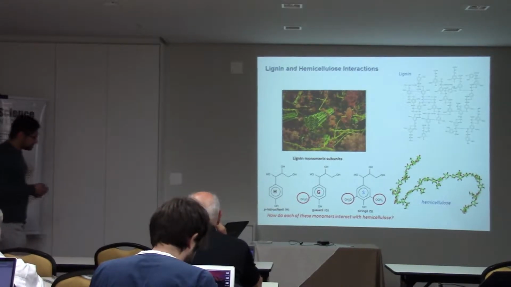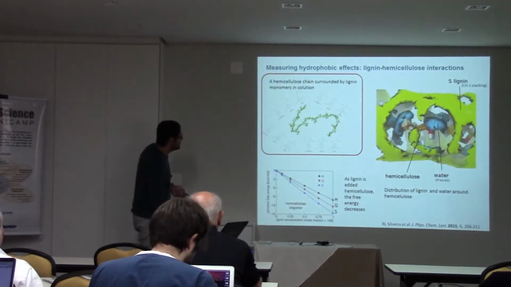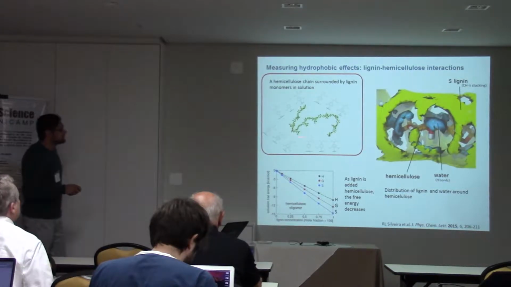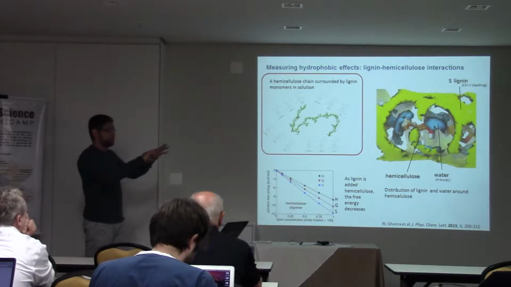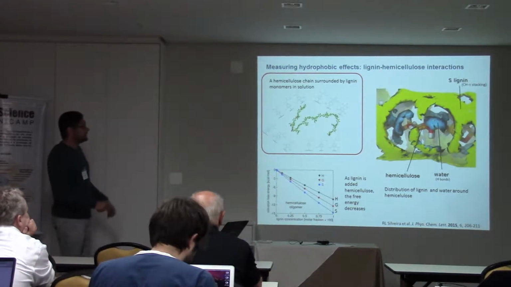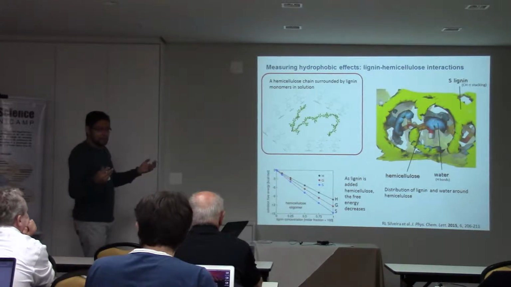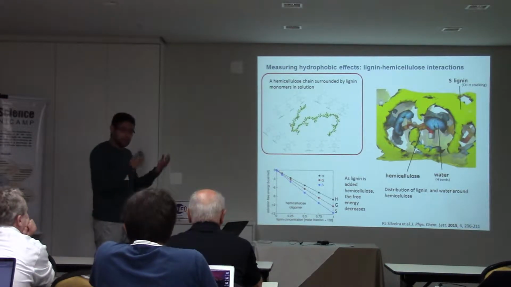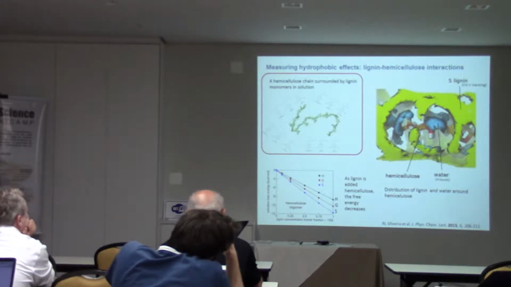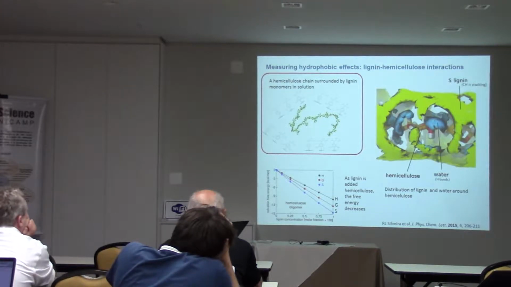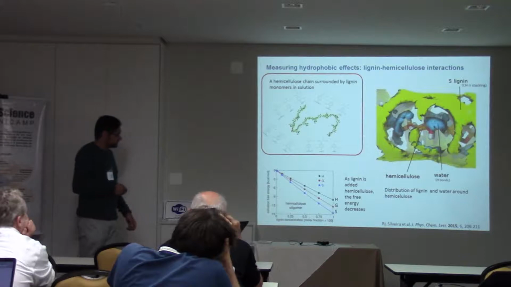So for that, I also performed 3D RISM calculations. So I have, as a solute, a hemicellulose chain in the middle of the solution, and I have a solvent composed of lignin monomers and water, with lignin monomers in increasing concentration. So I see the response of the system as I add the lignin monomers in the solution.